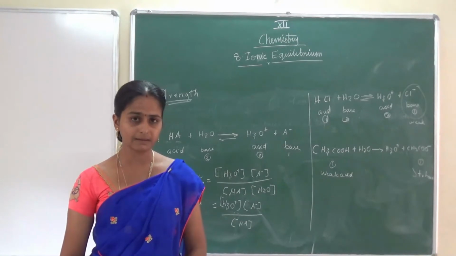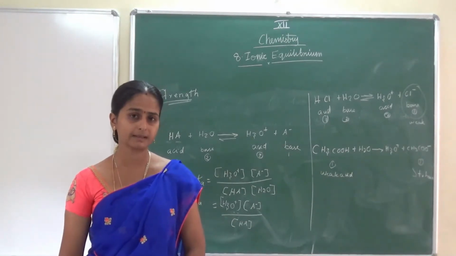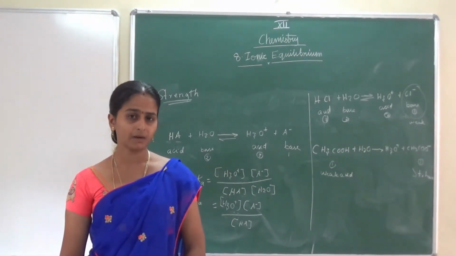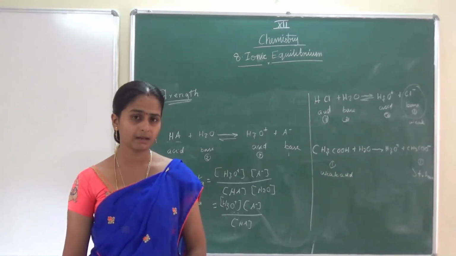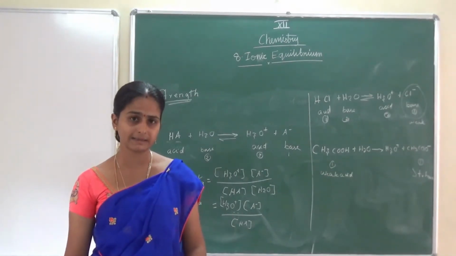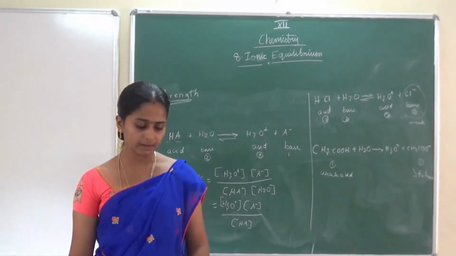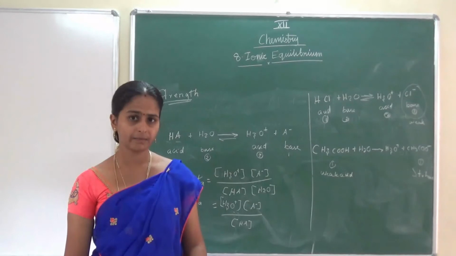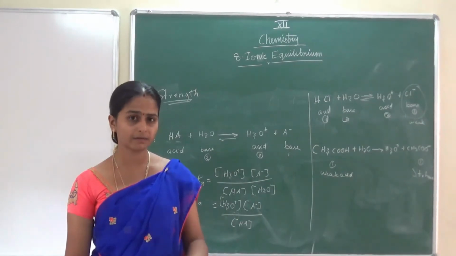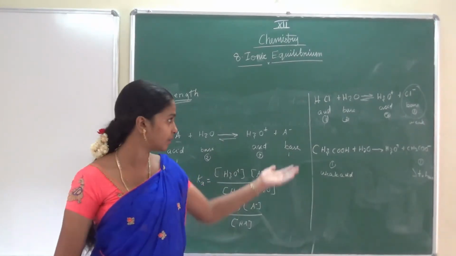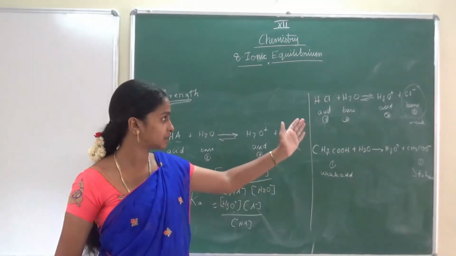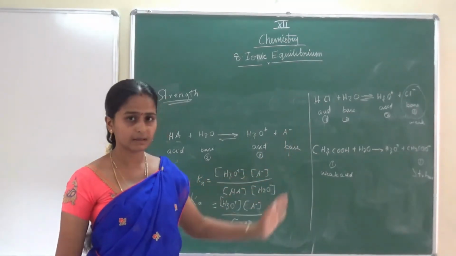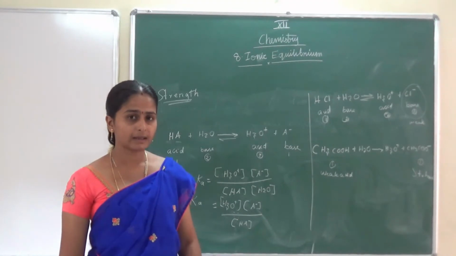First we have discussed the theories of acids and bases: Arrhenius theory, Lowry-Bronsted theory, Lewis acid-base theory, and then the conjugate acid-base pair and the strength of conjugate acid-base pairs. You must remember that, and we discussed the Ka value.